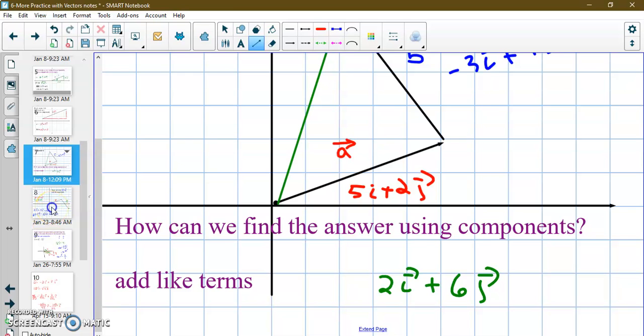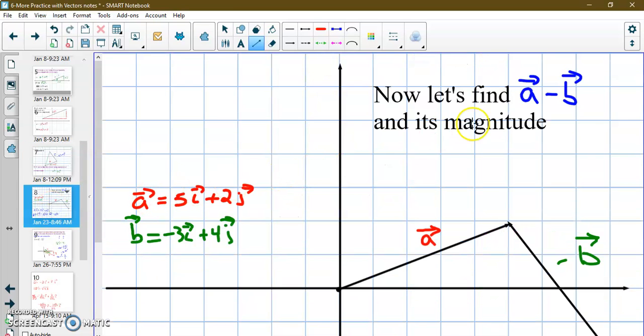Okay, I believe we've got one more here. So let's find the resultant vector of A minus B and its magnitude. The last one we just found the sum of the components, but we're going to find the magnitude of this one as well. We still have 5i plus 2j for vector A, but now for vector B, we're adding a negative B, right? We don't really want to think of this in terms of subtracting.